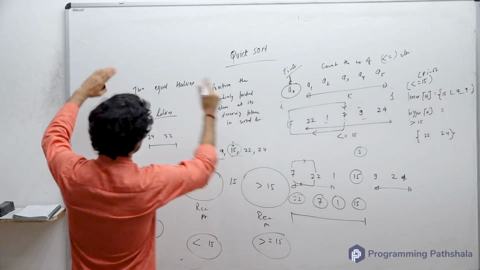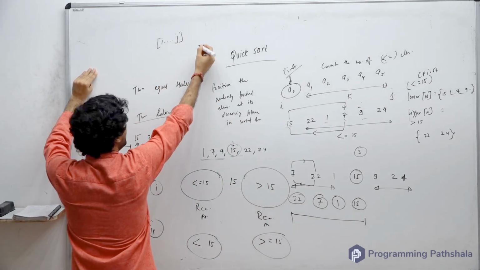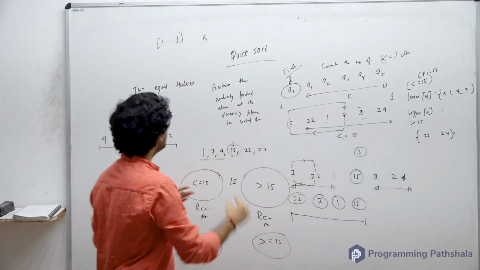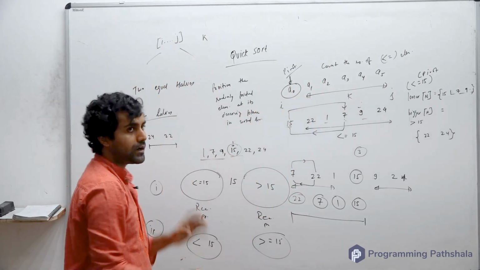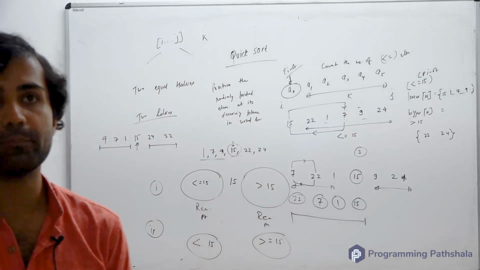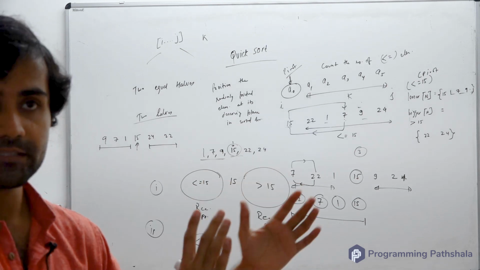So your original problem was spanning from I to j, and now you figured out k, where you positioned your pivot. Can you tell me what will be the indices for your left problem and right problem? What will be the indices that would determine your left subarray and right subarray?